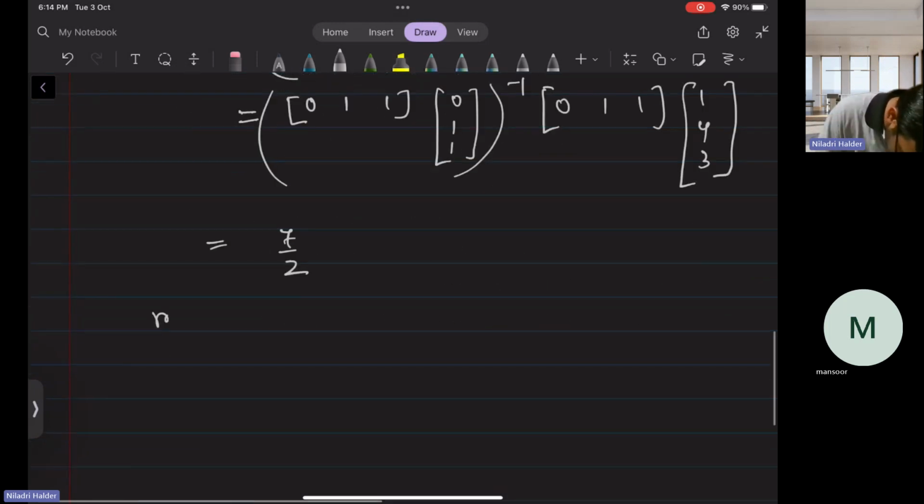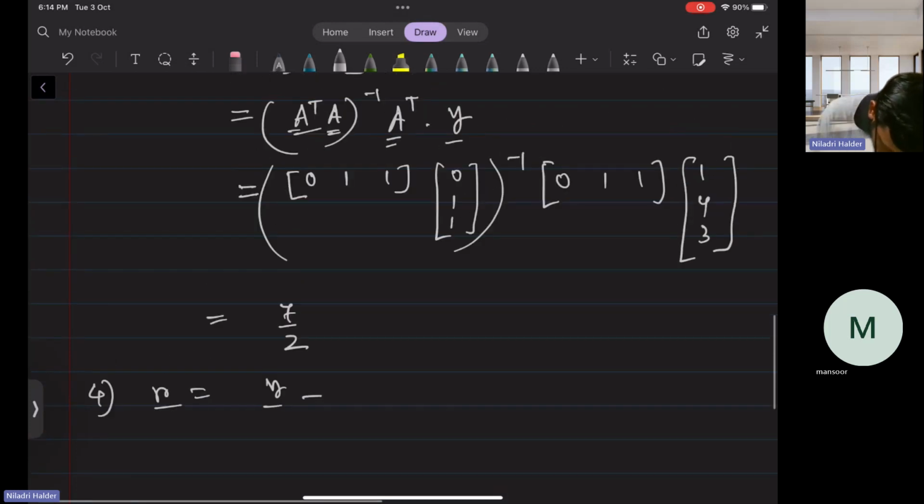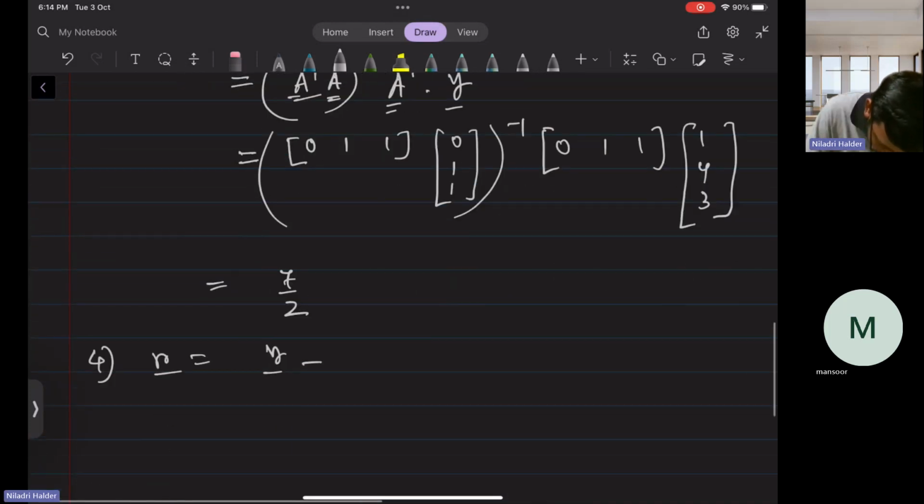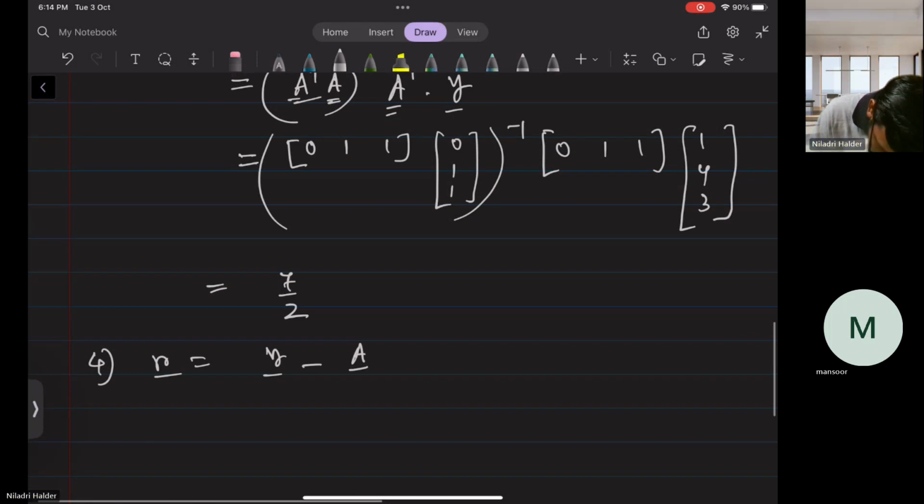That is the fourth step. Residue is equal to y minus A into x.